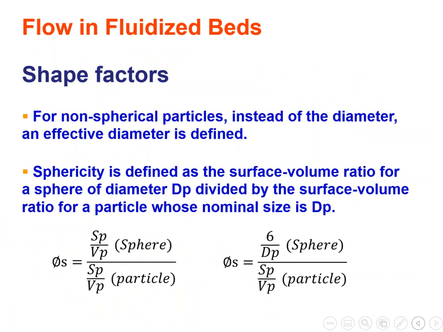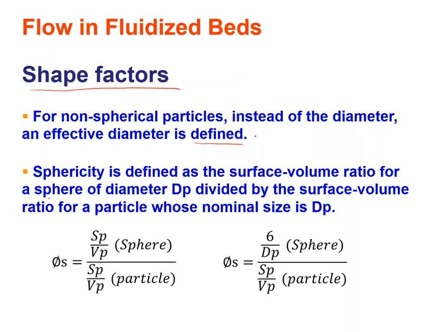Now the third concept is called sphericity or shape factor. What is it, and why do we need it? Usually in fluidized beds we will have non-spherical particles, and we talked about this before. For non-spherical particles, instead of the diameter, an effective diameter is defined, and you remember we said this before when we defined the effective diameter.